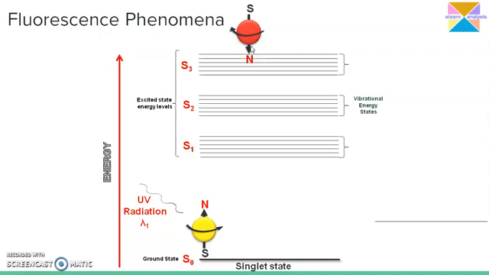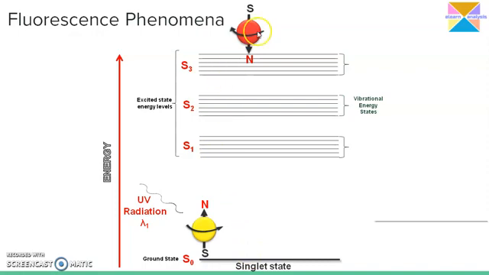We call it a vibrational relaxation process, or collisional deactivation, wherein the electron in the excited singlet state is brought back to the ground state by collisional deactivation without emitting any radiation. That is a non-radiative process.